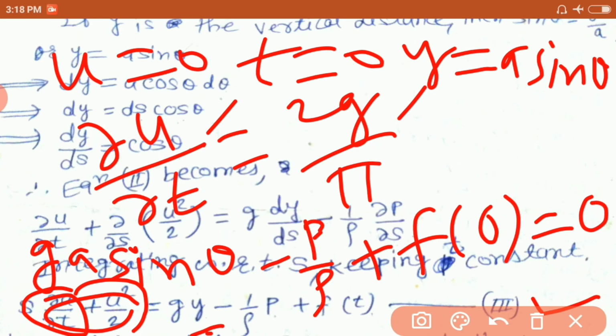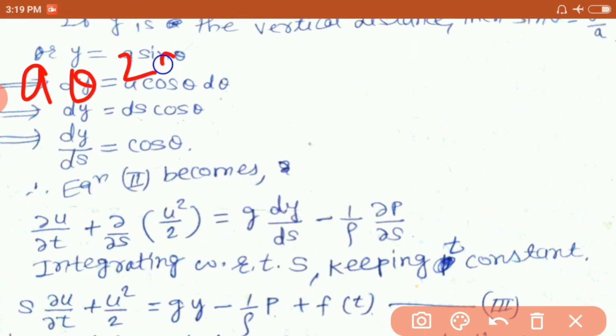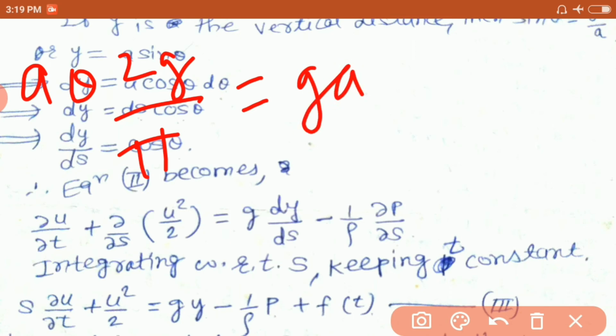Then what do you get? From this equation we get a theta times 2g by pi is equal to ga sin theta.